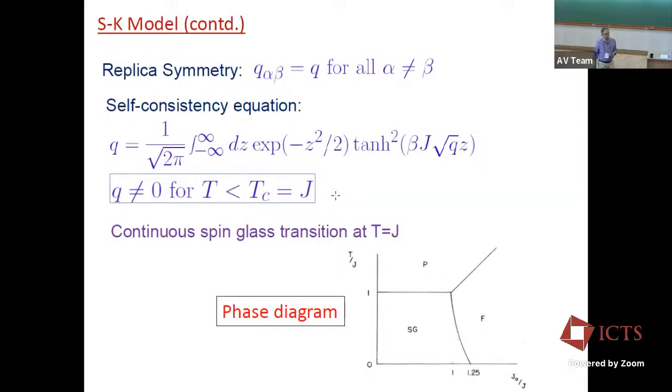Mean field theory results, although in some sense qualitatively correct, are not quantitatively correct, in the sense that the values of the exponents that you get from mean field theory are not the values that you will find in real experiments. Same thing here: you will find that the exponent is 1 instead of the square root. Q is proportional to Tc minus T.